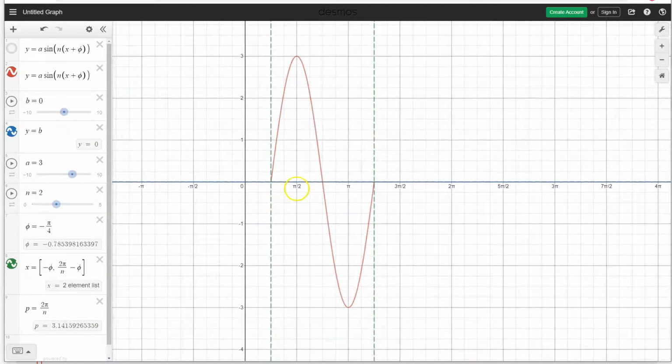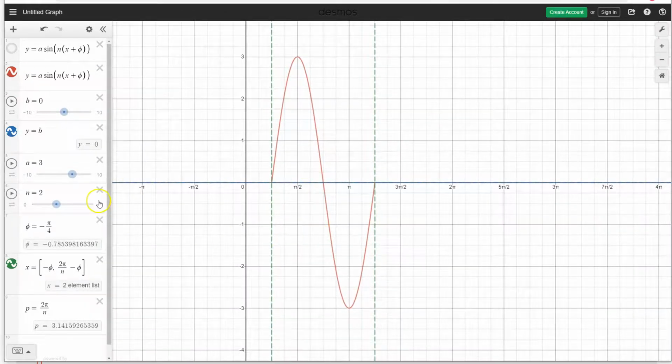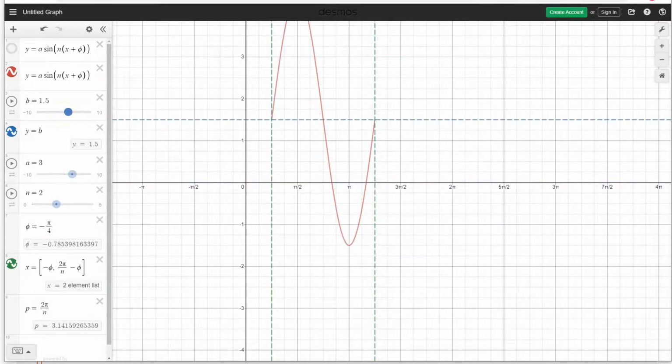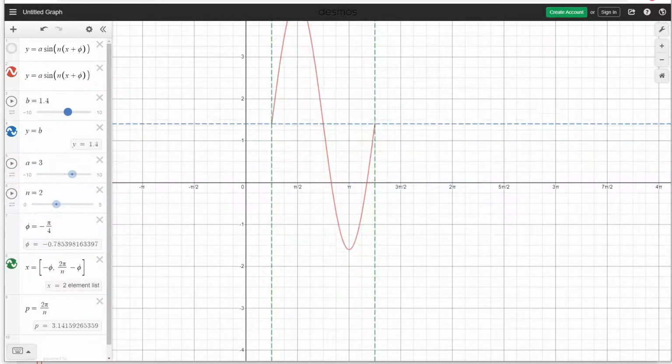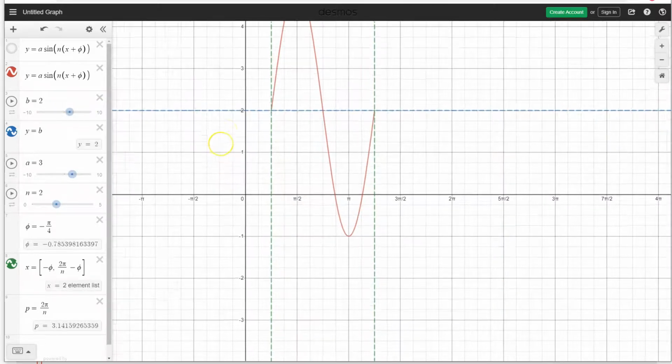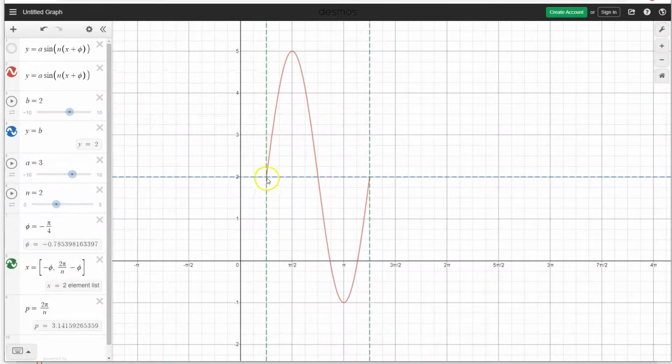Now watch what happens if we introduce this vertical translation factor of b. At the moment it's at 0. If I go b positive, the graph is going to lift upwards. If I lift it to 2, as seen in the question, then at its start value, pi on 4, it's going to have a y coordinate of 2.